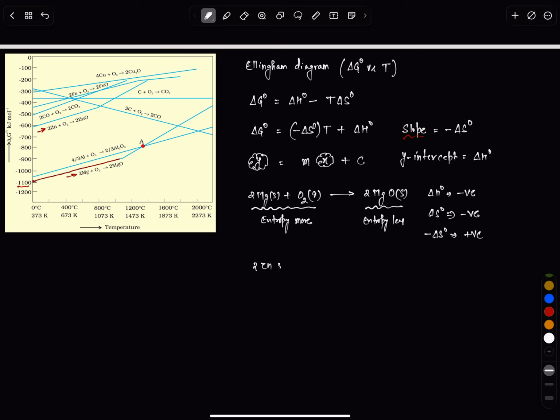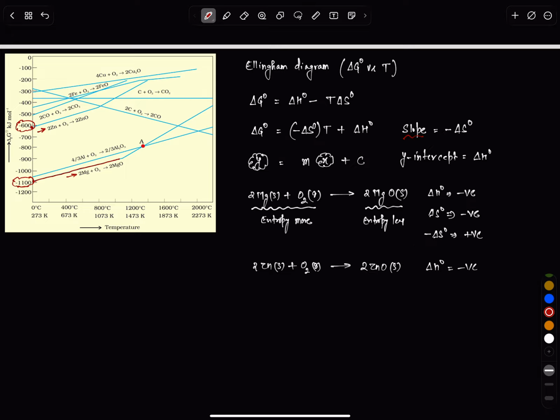Now let's take one more example. Let's take 2 zinc solid plus O2 gas giving you 2 ZnO solid. Again, combustion reaction, delta H naught is negative. So you can see here, this is the y-intercept for this particular reaction. So delta H naught is negative, but one more thing, if you see, delta H naught is less negative. So this value is nearby minus 600, and here it is around minus 1100, right?